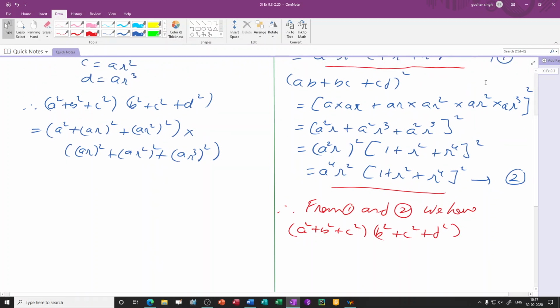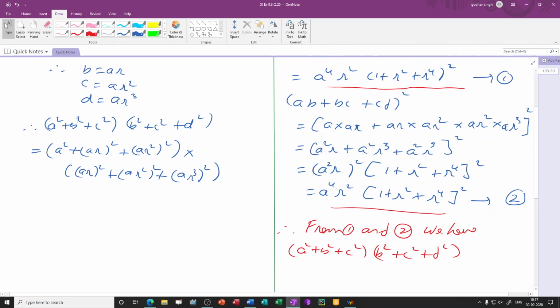the first one. The first one is (A square plus B square plus C square) into (B square plus C square plus D square), and the final calculation is A raised to 4 into R square into (1 plus R square plus R raised to 4) whole square. That is equal to the second one, (AB plus BC plus CD) whole square, which is the same as the first.